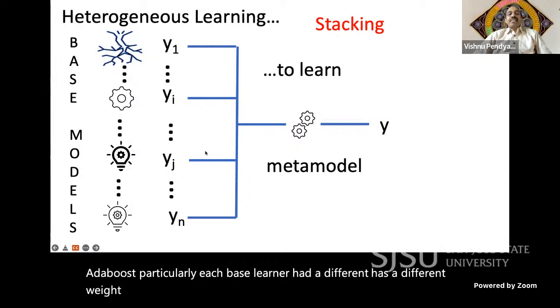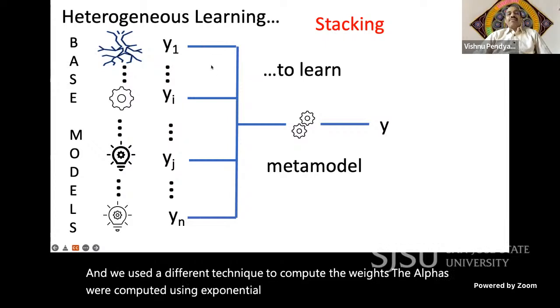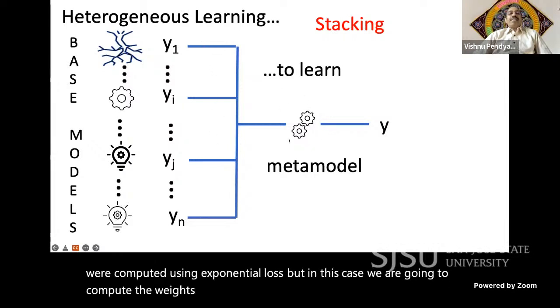The relative importance of the base learners was different. And we used a different technique to compute the weights. The alphas were computed using exponential loss. But in this case, we are going to compute the weights by employing a machine learning algorithm itself.